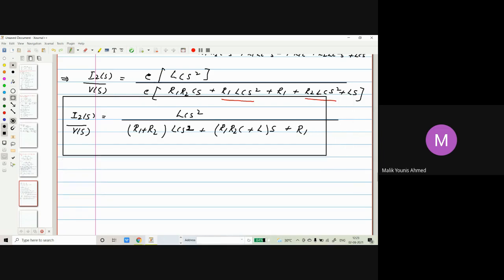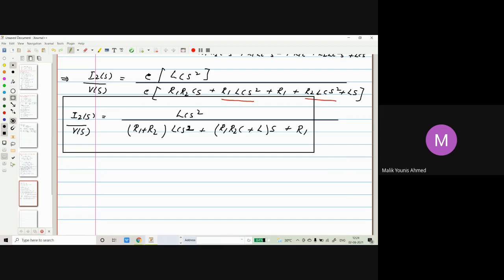This is the required transfer function we were looking for. Okay, next is, for your homework, you can use the same question and apply the nodal analysis for it. That will be your homework. So I will write it here.